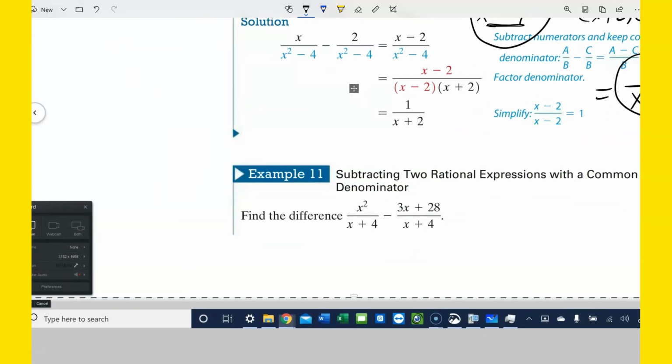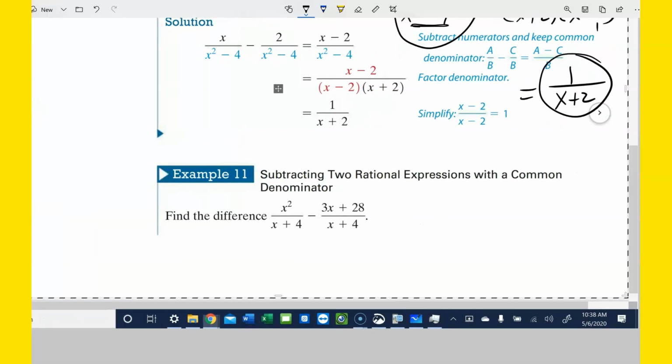All right, let's look at example 11. All right, they already have what? They already have a common denominator, which is really nice. That means that we don't have as much work to do. All we got to do is combine our like terms on top. But because it's a minus sign, we need to change it to a plus and then change the signs of everything in the top of the second fraction.